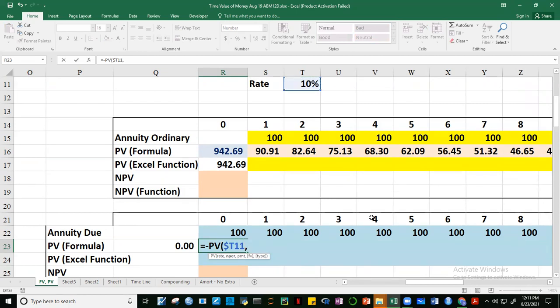Okay, that's the rate, and then n per is starting with 0, comma. Hindi ko i-fix to kasi i-copy natin to the right. PMT ignore kasi titingnan natin yung present value ng bawat future value. Okay, ignore the type since it's not an annuity. Enter. So as expected, guys, ang present value ng 100 ngayon is also 100. Kasi wala namang tayong compounding period, no? Wala tayong discounting period. 0 din yan, 0 years.